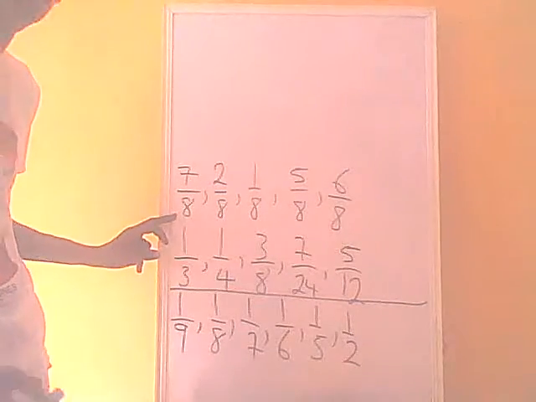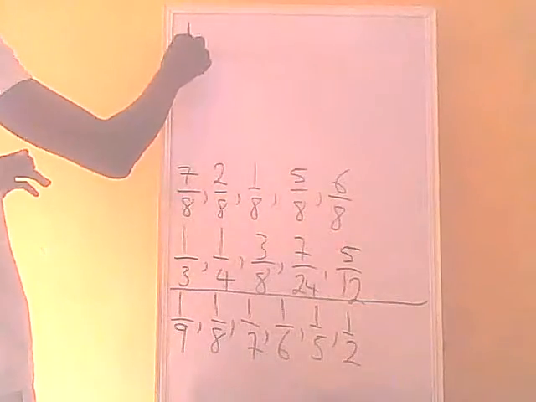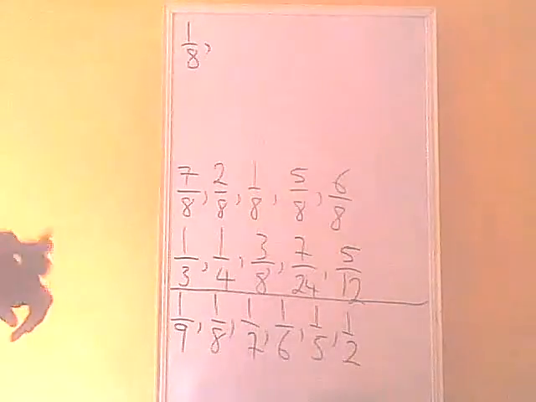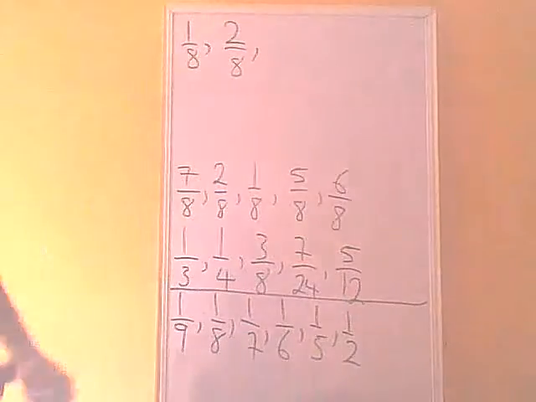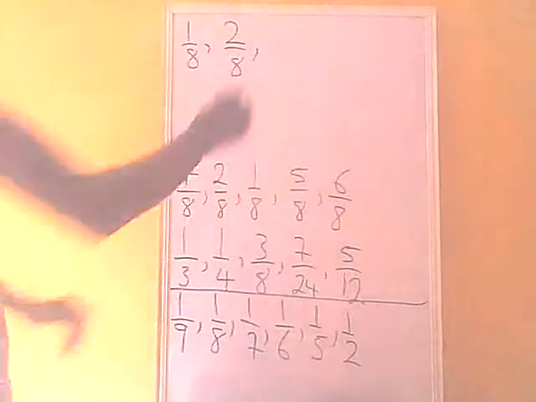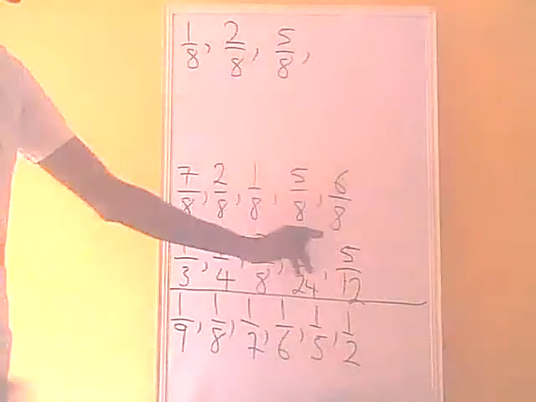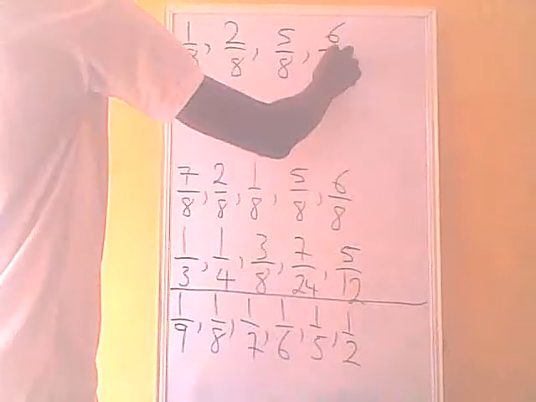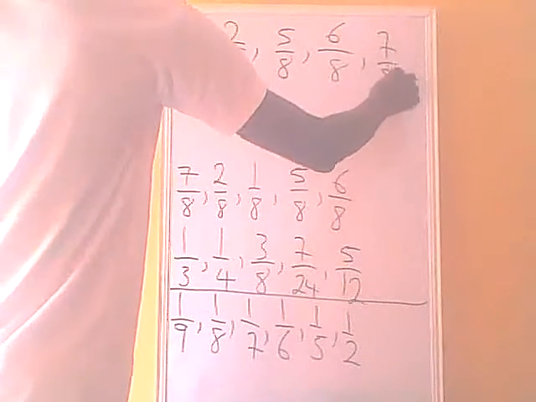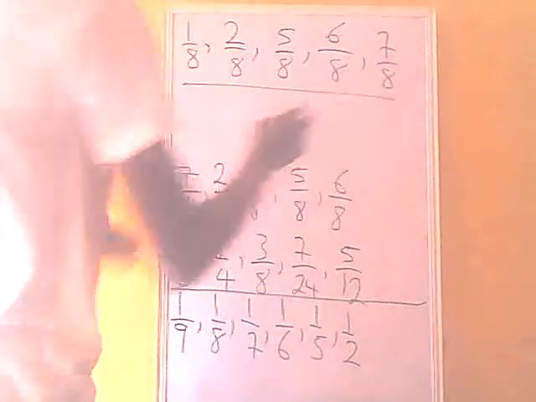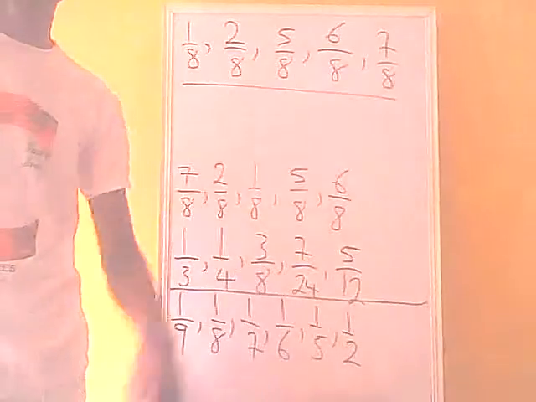That means the smallest fraction here is 1 out of 8, followed by 2 out of 8, followed by 5 out of 8, followed by 6 out of 8. Then the highest is 7 out of 8. This is how to arrange the fractions when we have the same denominator.